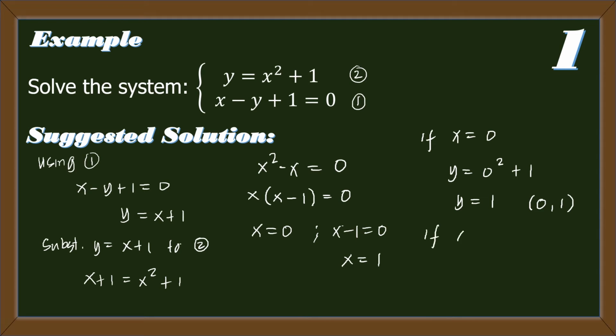Next, if x is equal to 1, then we have y is equal to 1 squared plus 1, then y is equal to 2. Then another solution is the ordered pair (1, 2). Hence, the solution set to this system of nonlinear equations is the ordered pairs (0, 1) and (1, 2).